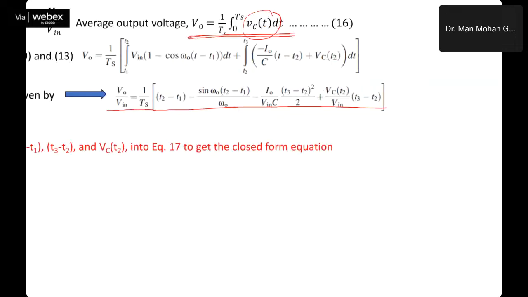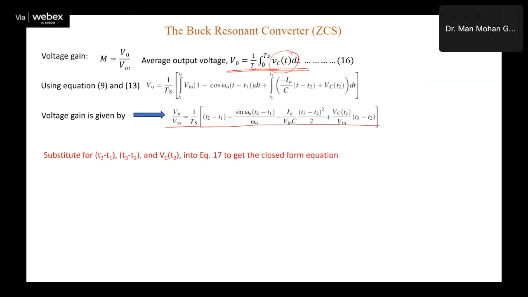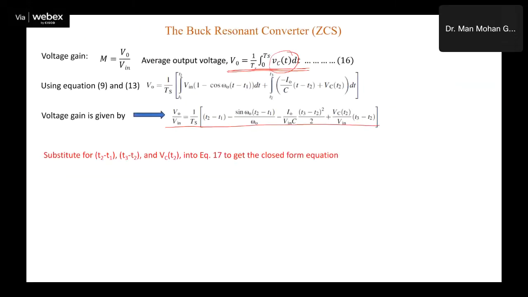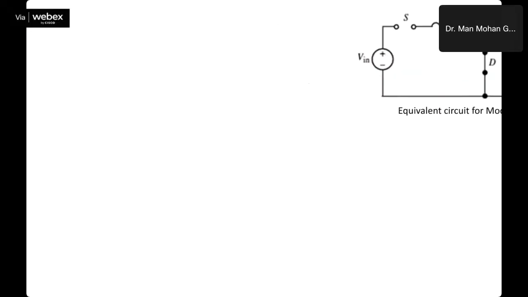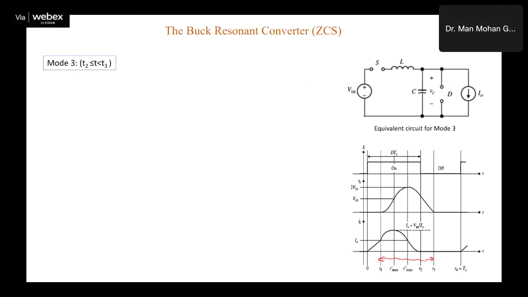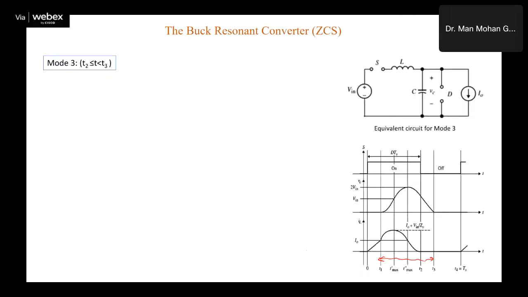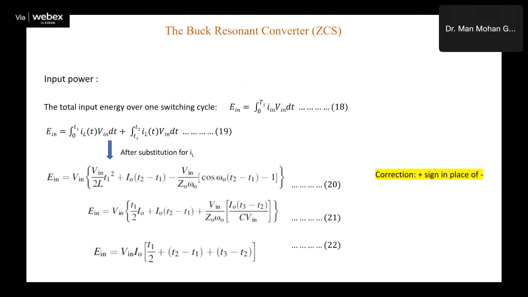Another way of getting the voltage gain here is that we know that this is the ideal converter.